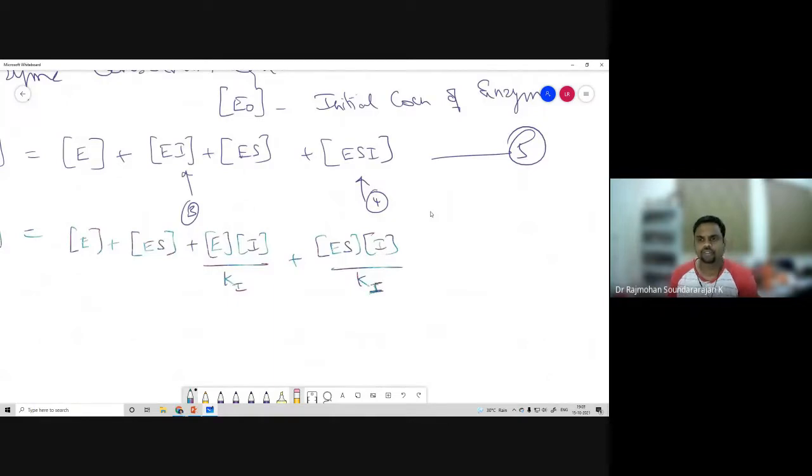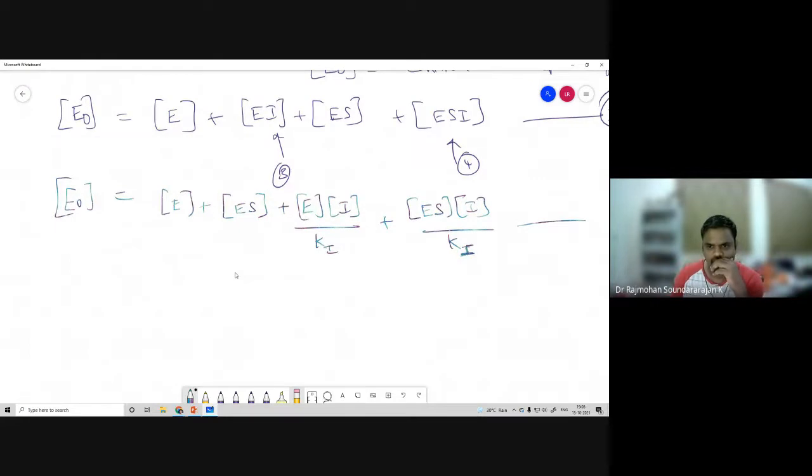Okay. So this equation can be simplified. How can we simplify? You have E common. So if I take the E terms together outside, what you get is 1 plus I by Ki.